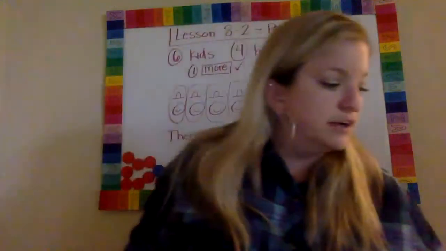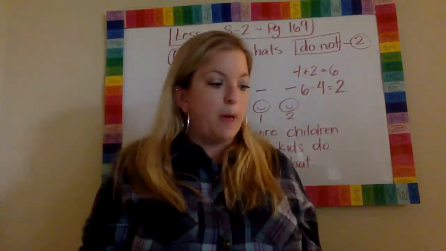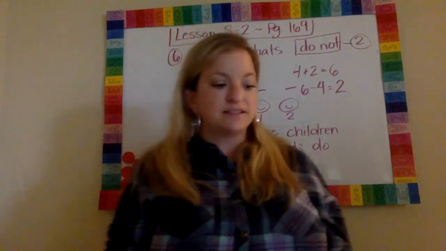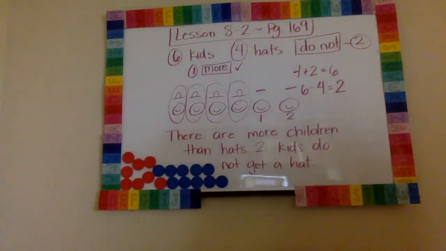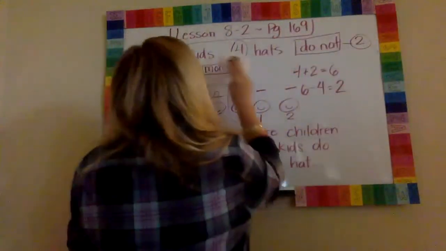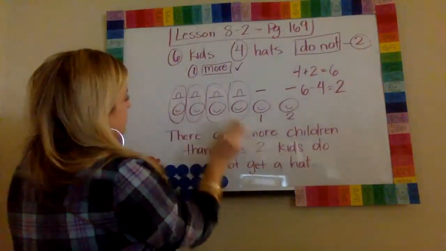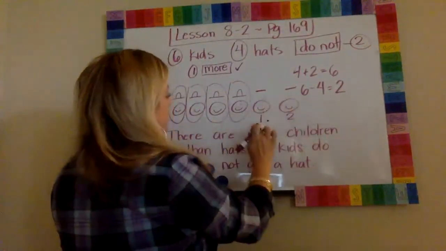Okay. Now number 2 on page 171 says, how can subtracting help you compare the numbers of hats and children? For that, it helps me compare how many more children I have than hats.